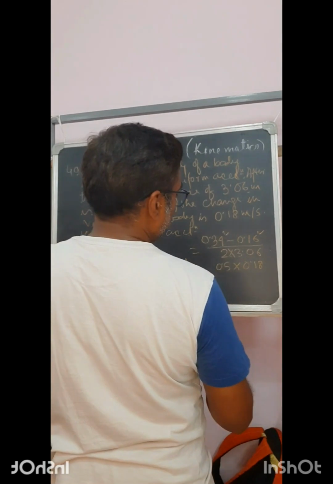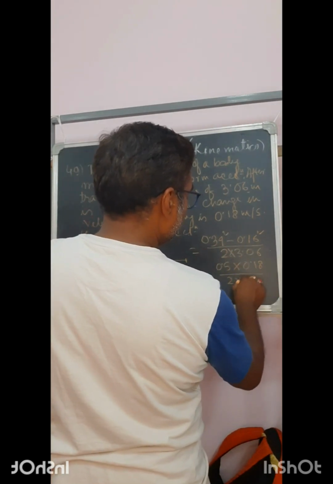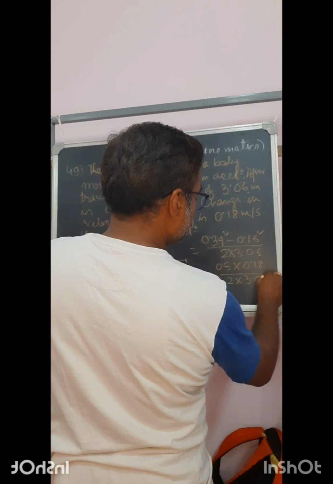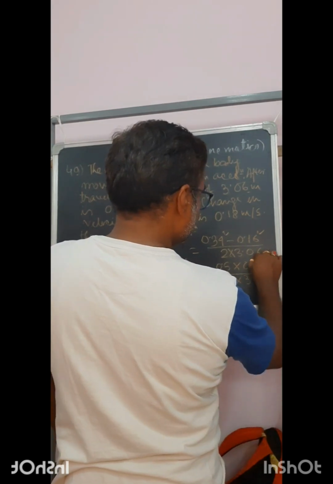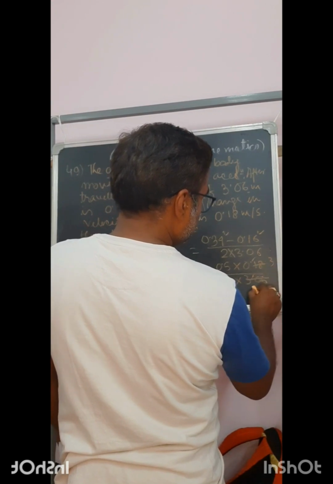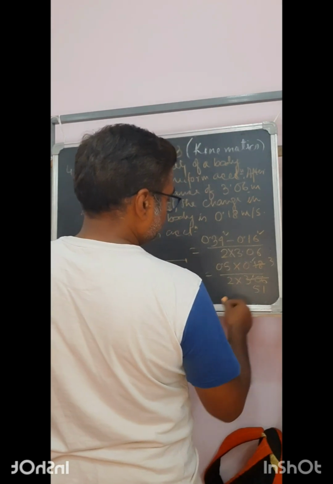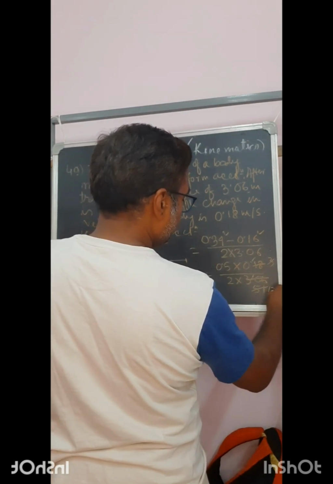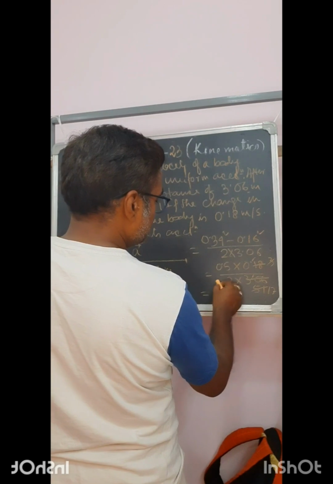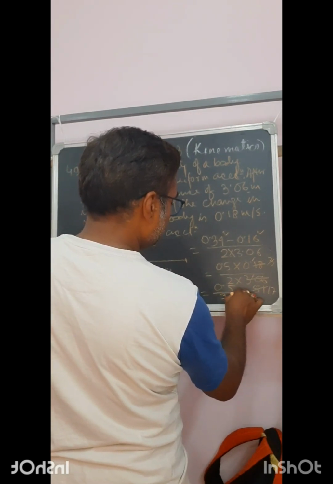Okay, 6 is 0.78... 2 into 3.06, so 6, 3, 6, 5, 1, 3 is 17, so that means 0.5 by 34.